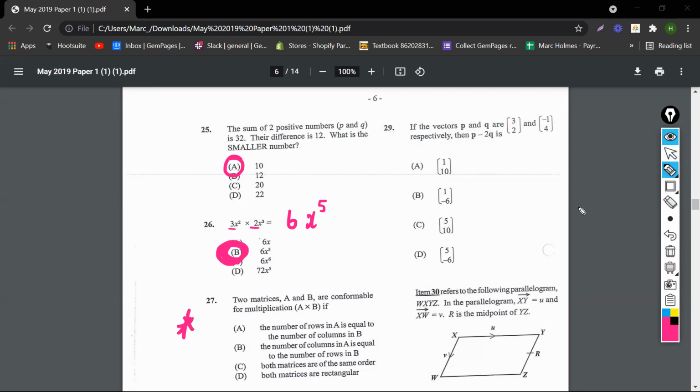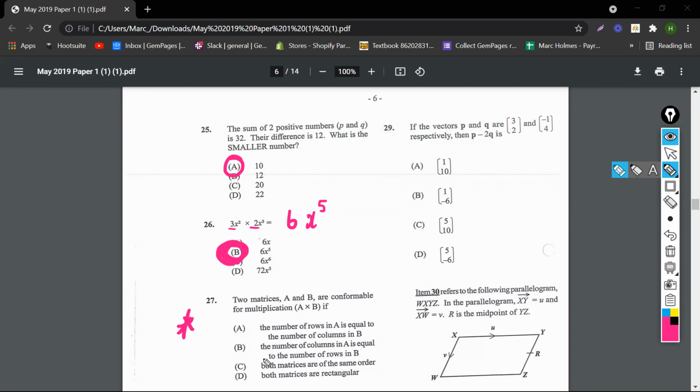27 now, it says here 2 matrices A and B are conformable for multiplication if, guys, the number of rows in the first matrix has to be equal to the number of columns in the second matrix.